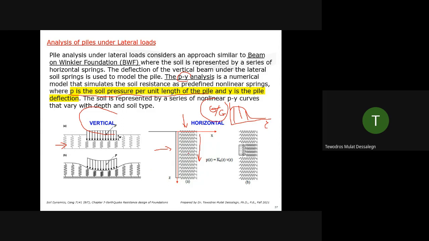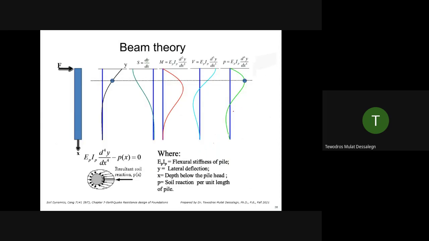So we have analytical equations to develop this, and different scientists came up with different equations for springs. The beam theory, similar to the horizontal beam on Winkler foundation, is the same. It has a general differential equation relating soil pressure and beam deflection.